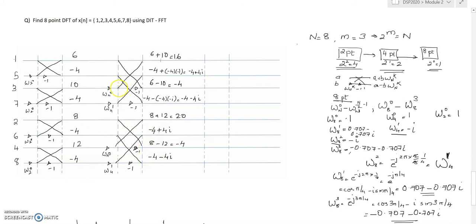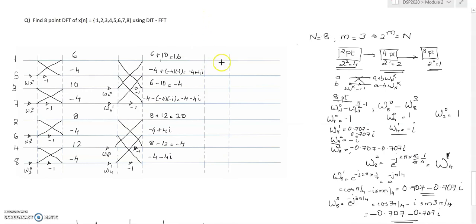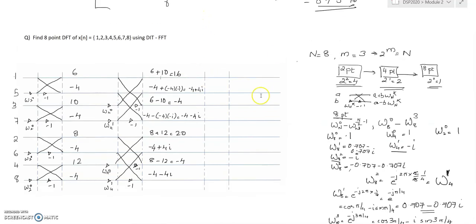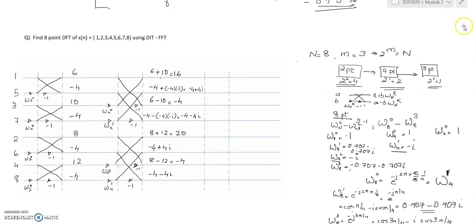So like what we did here for connecting the bottom arm and the top arm, we'll be connecting the first arms of the two butterflies. Based on the information we have, we'll be having two 4-point DFT butterflies here with 4 arms each.